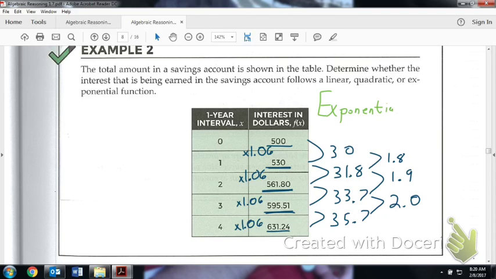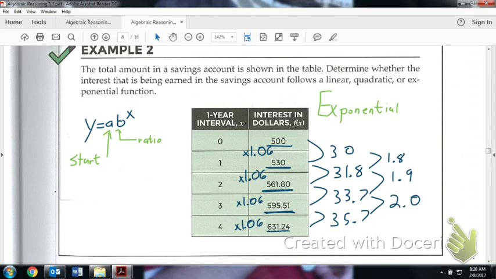Since the ratio is the same, this is exponential. If you remember, the exponential equation that we're using is y equals a b to the x, where a is your start. Wherever x is 0, that's your starting point, and b is your ratio.